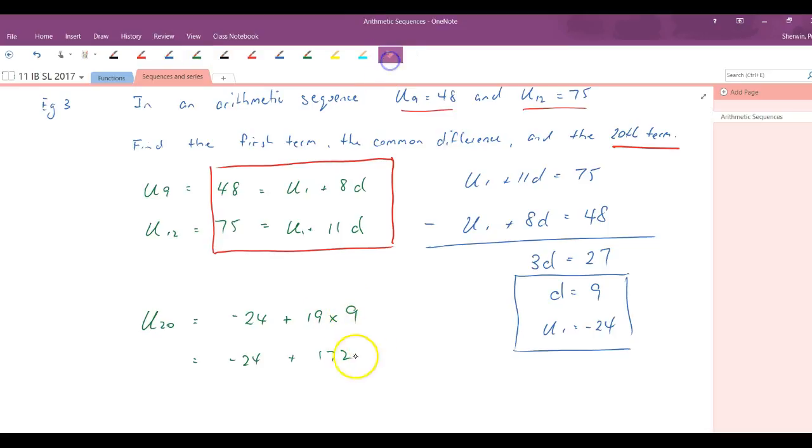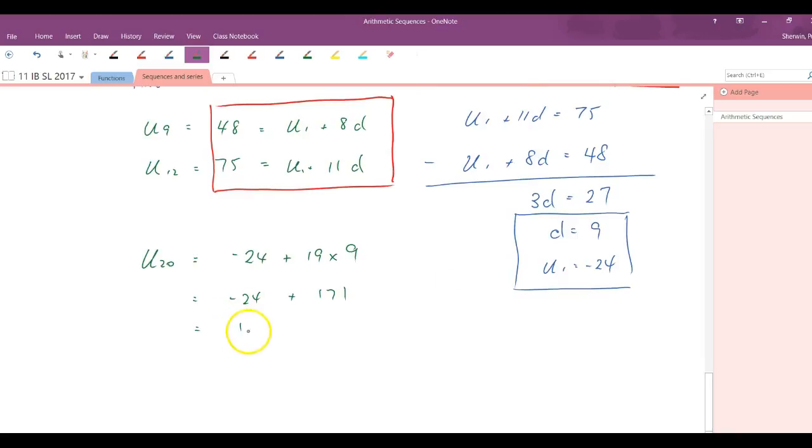So 171. Minus 24 plus 171 is 147. So the 20th term is 147.